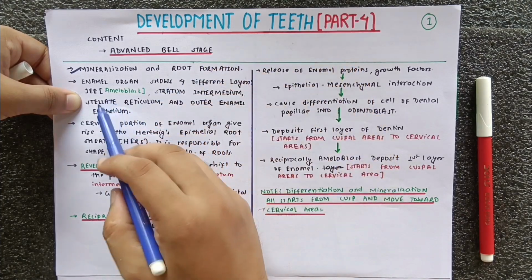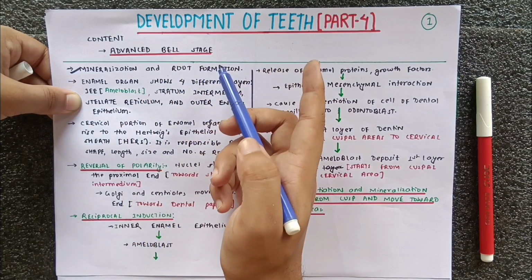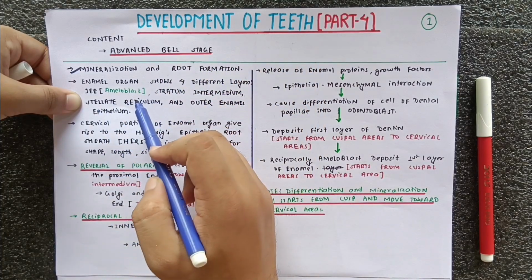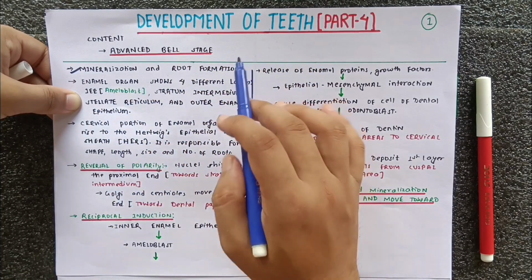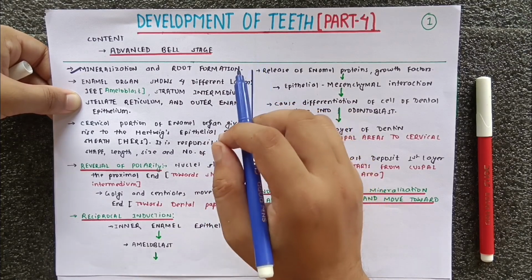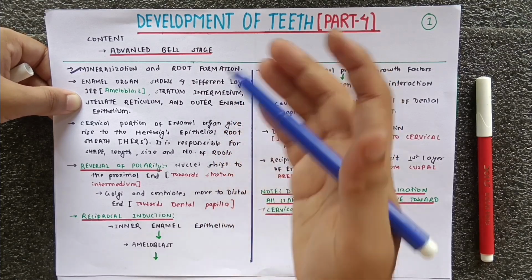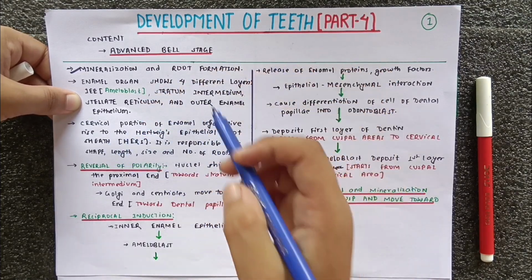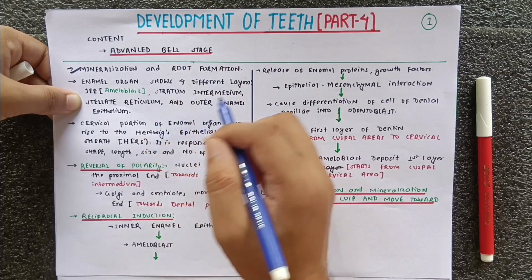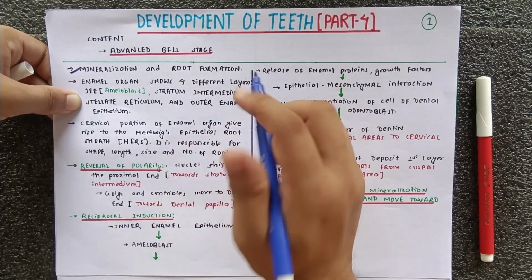The stellate reticulum was present in the cap stage, but in the bud stage even the stellate reticulum is absent, and the only cells present are the peripheral cells and the central cells. The peripheral cells were cuboidal in shape and the central cells were polygonal.